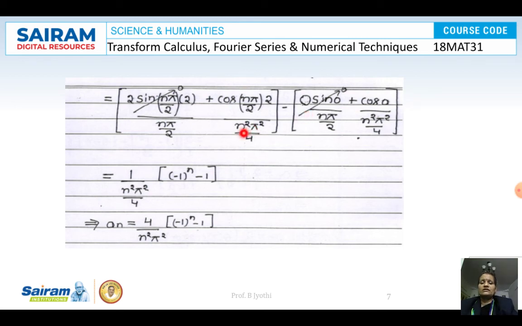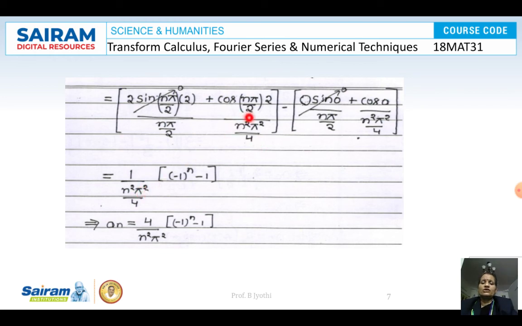Now only this cos term will be retained. Here this 2 and this 2 will cancel. We get cos n pi divided by n square pi square by 4, and in this term also cos 0 divided by n square pi square by 4. So this n square pi square by 4, which is common in the denominator, can be taken outside.